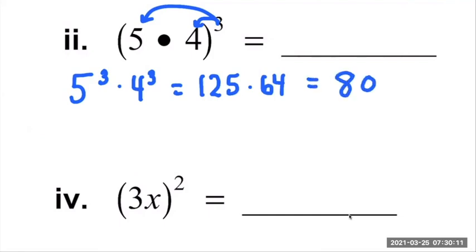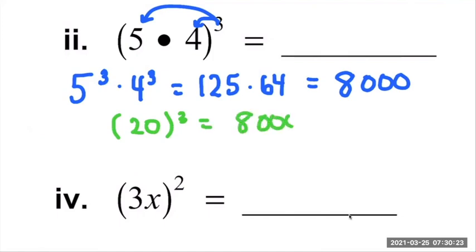And I get 8,000. See if you can try the other way. I don't know about you, but the other way was much easier on this one. But again, I'm only having you do it this first way because of the next 2 questions.